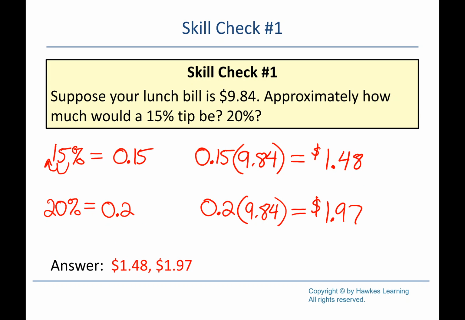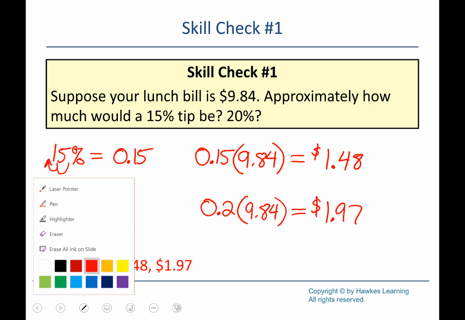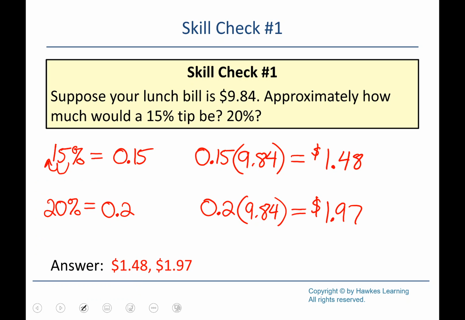If we have a total of items, and our item total comes out to $22. And I told you it was 8% tax. We want to figure out how much total we're going to end up having to pay.